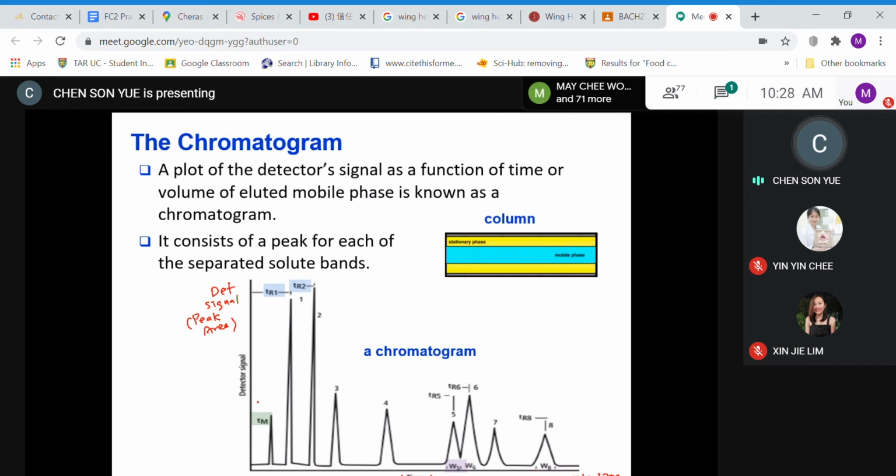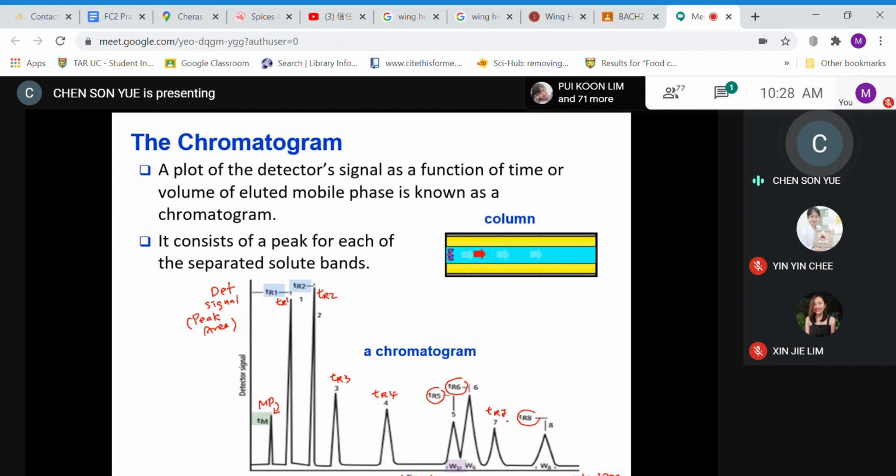TM is the mobile phase retention time. I will write here TR1, this one TR2, sample 2, TR3, TR4, then 5, then 6, then TR7 and TR8.